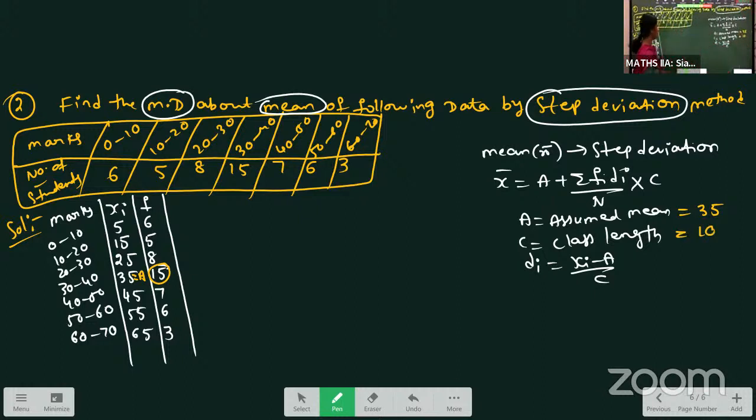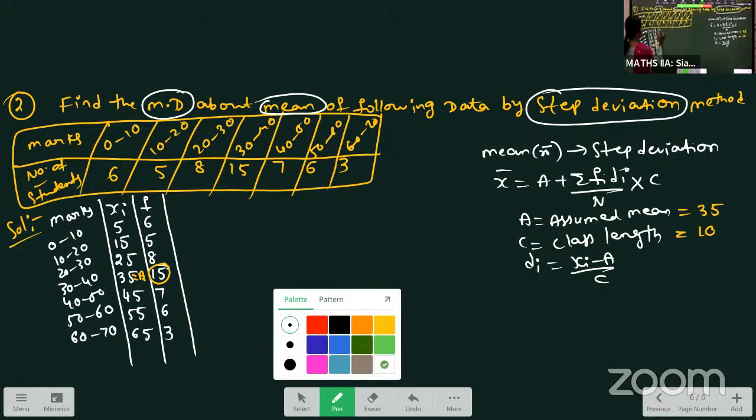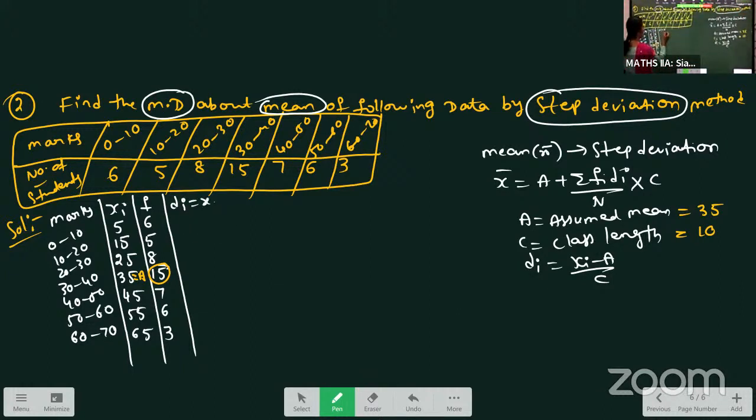Next we have to find out di column. So di is equal to xi minus A by C. Here calculations are a little bit difficult, so I will tell you an easiest way. In di, directly do not start from the beginning. Go to the A value. 35 is equal to A. Here you find out the di value.